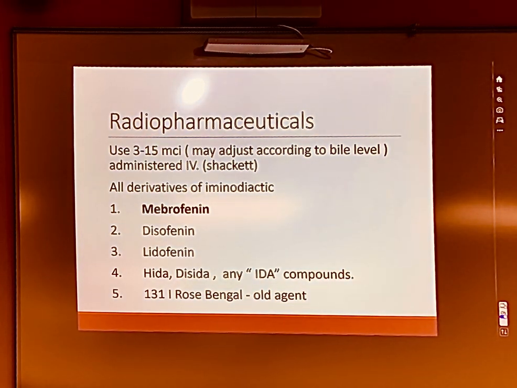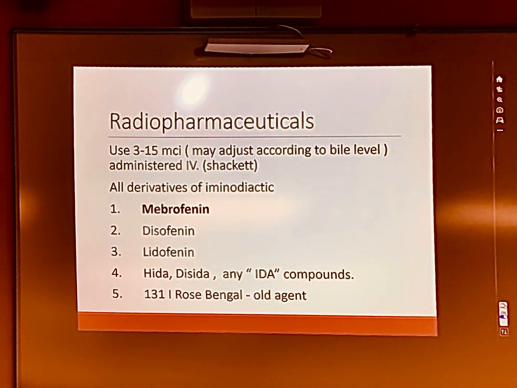Okay. So they're called IDA drugs, IDA compounds, but they're all derivatives of this word here that I can never say and have not been able to say for 30 years. Iminodiacetic. It's an acid. Okay.